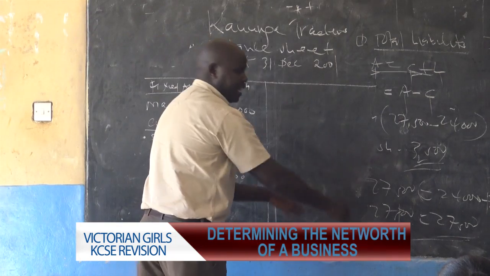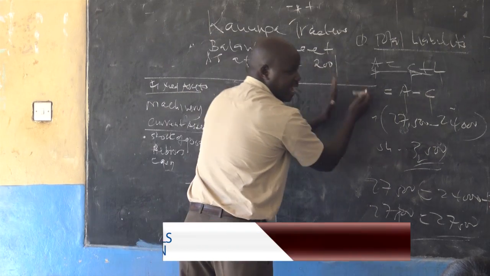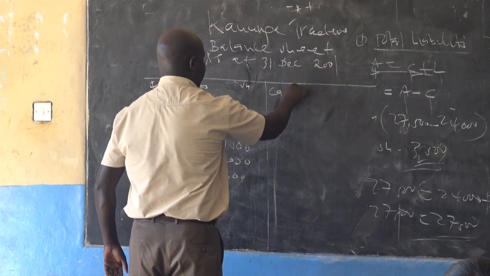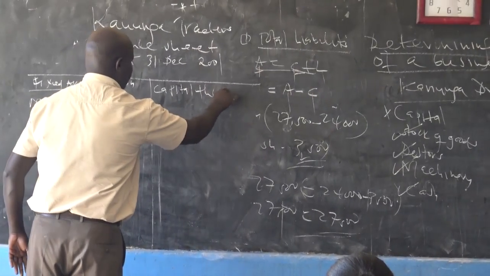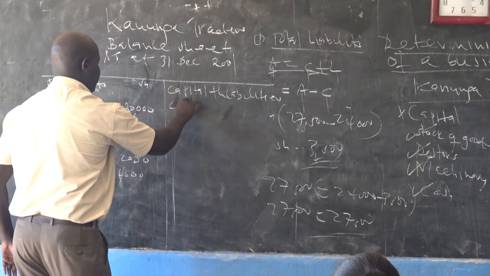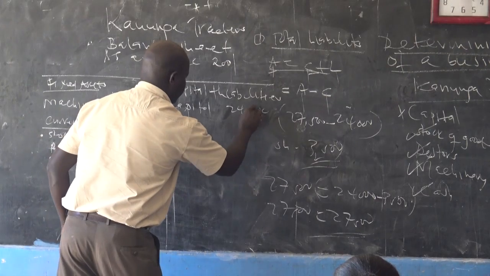And for your information, this side must be equal. A equals C plus L. It must balance. So we have our capital here, plus liabilities. So how much is capital here? 24,000.